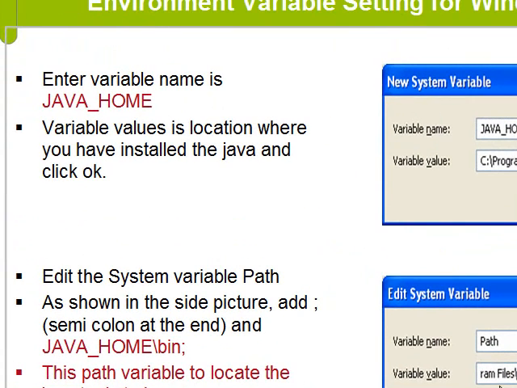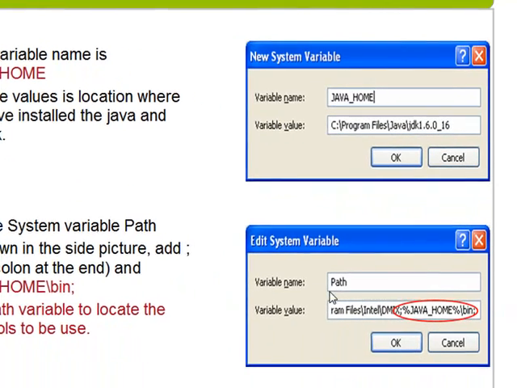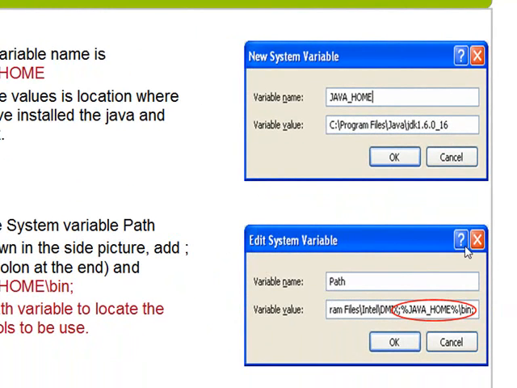The path variable is already available on your machine, so you can select the existing path variable and click on edit. This will appear, and at the end, whatever is circled in red, you need to add it here. This is called the path.